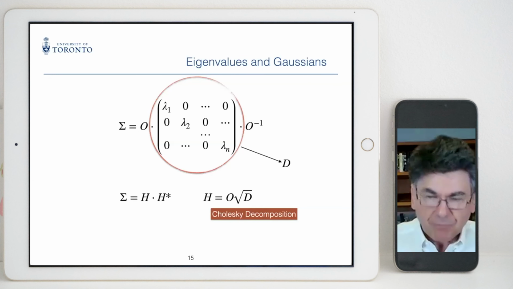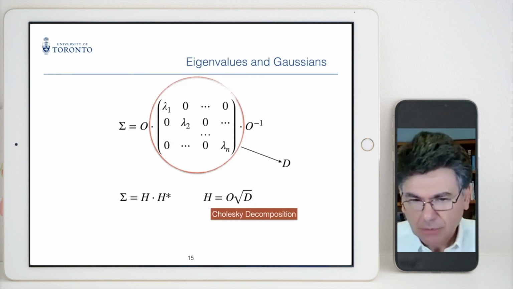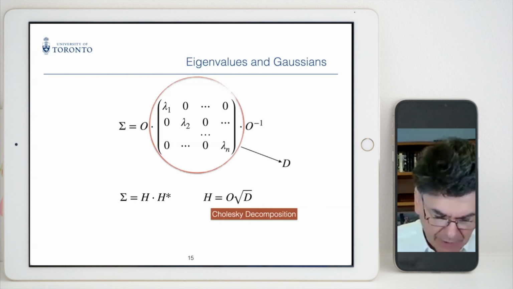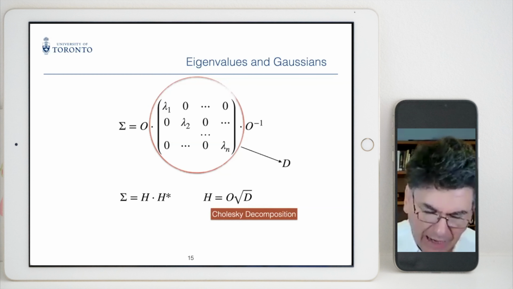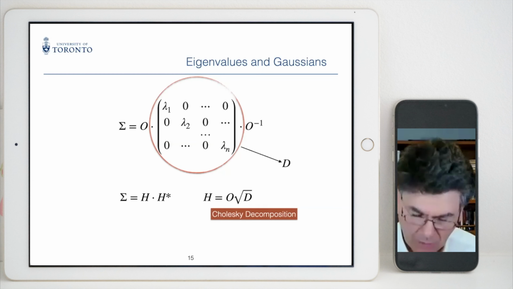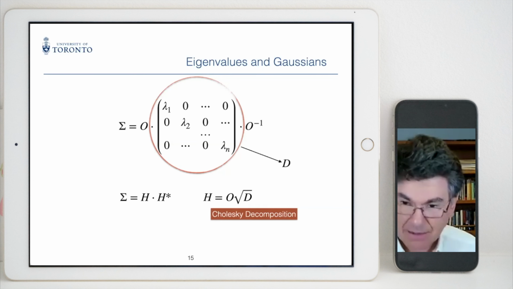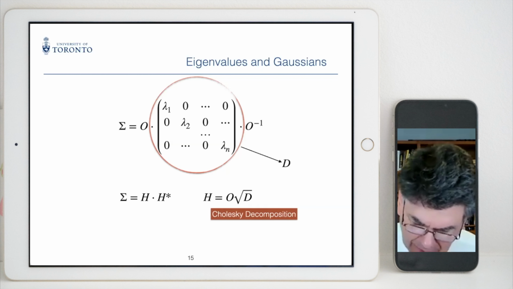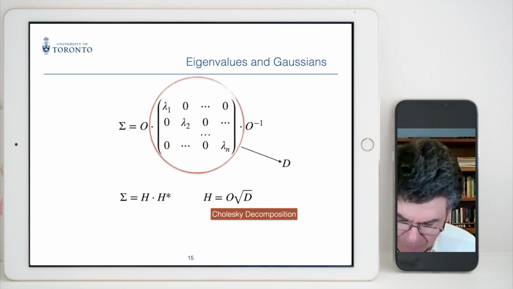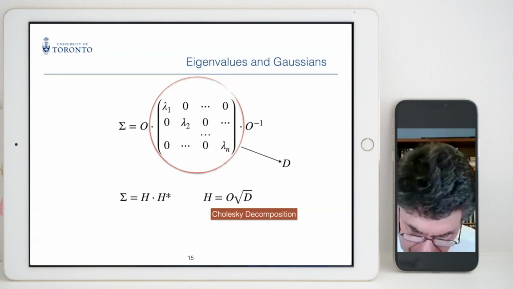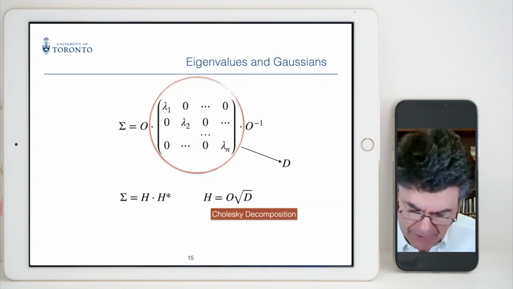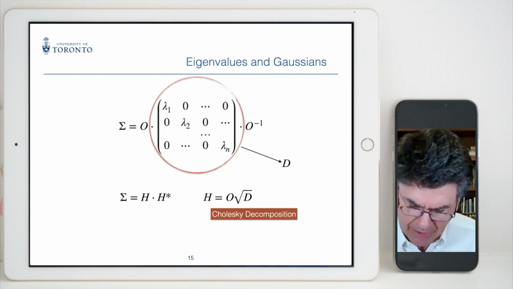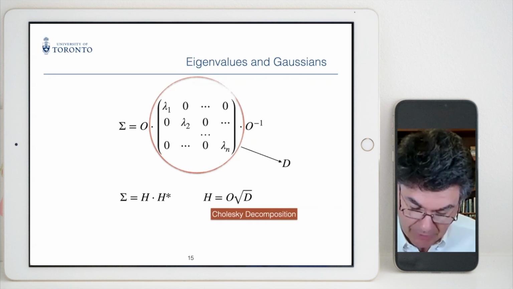Okay. In practical terms, there is another way of doing something similar, and it's called the Cholesky decomposition. The Cholesky decomposition is the following. I'm going to take my diagonal matrix, take the square root of it, and multiply it by my orthogonal matrix.